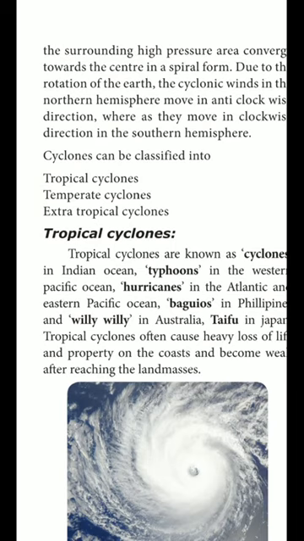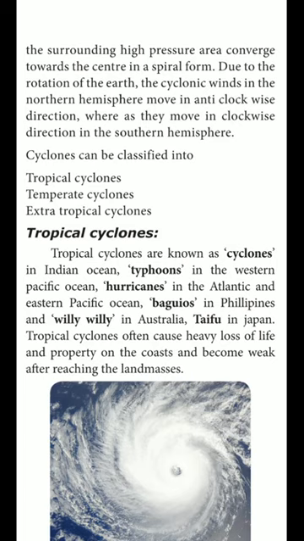Here, tropical cyclones are known by different names in different countries. Okay. So in the Indian Ocean, how was it named? It was named cyclone. Please listen carefully. Sometimes they may ask one word from this. How was this tropical cyclone named in different oceans?